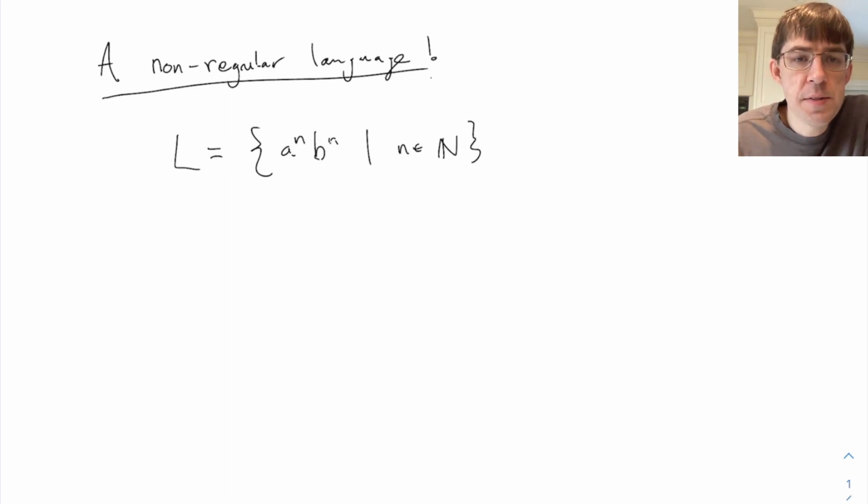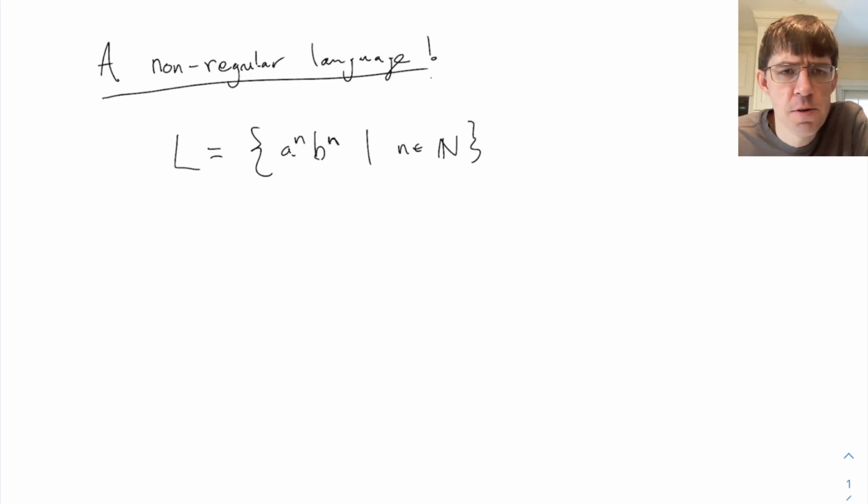These are strings of A's and B's with the same number of A's and B's. It's the same N, and that's important. It's actually not hard to make a DFA which accepts A to the N, B to the M with possibly different exponents. We've done that, I think, on the homework or maybe in examples.